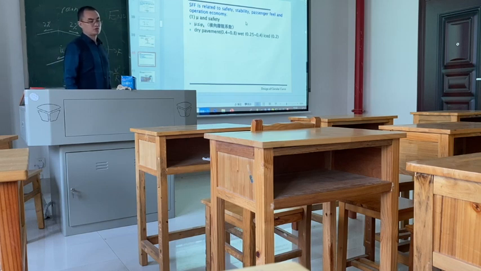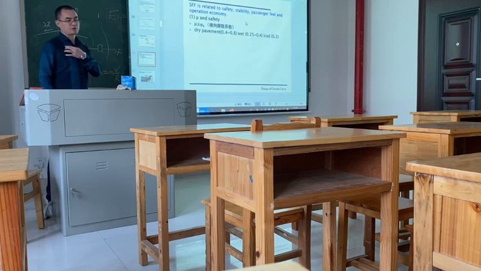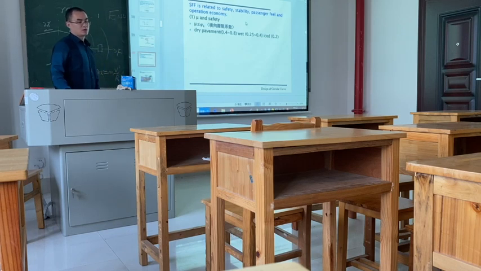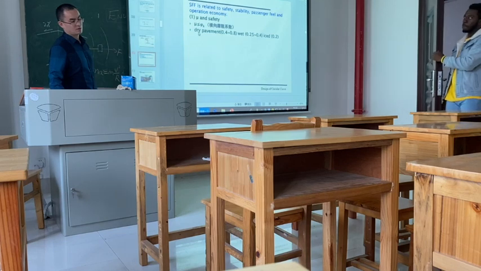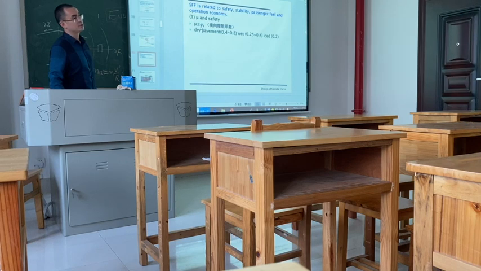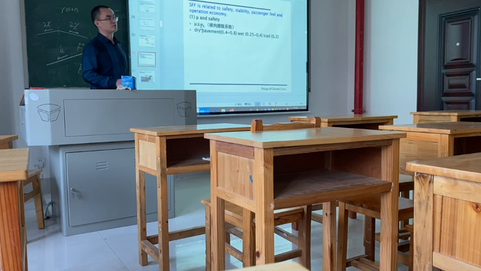Mu is related to safety, stability, passenger comfort, and operation economy. The relation between mu and safety: mu should be less than or equal to cosine H. Cosine H is the natural adhesion coefficient.